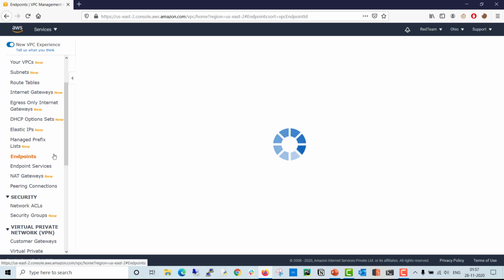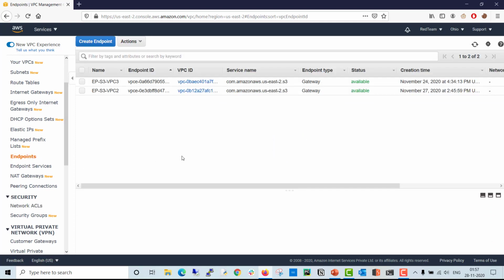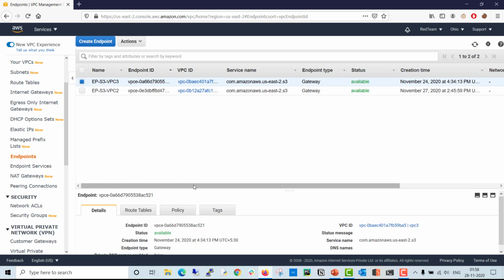You can see here we have an endpoint, just like I discussed when we saw the routing table. This is the endpoint for VPC2, and this is the endpoint for VPC3.